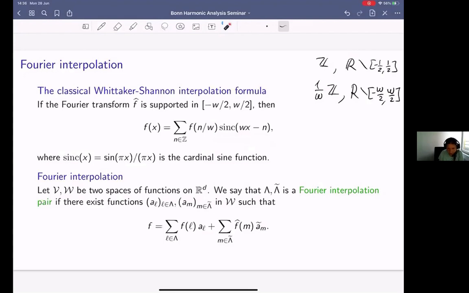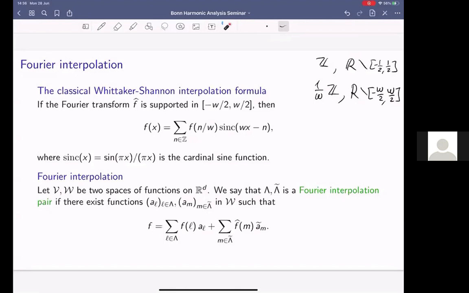Inspired by this situation, we can make a more general definition. Suppose that we have now two spaces, V and W, and they will be two spaces of functions, possibly different. And we would say that lambda and lambda tilde form a Fourier interpolation pair if we can find two sets of functions.